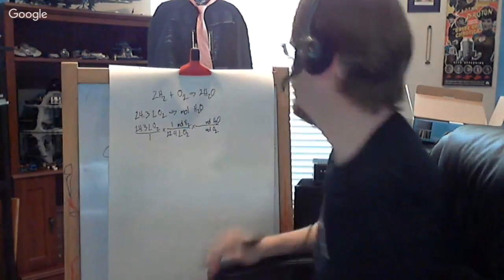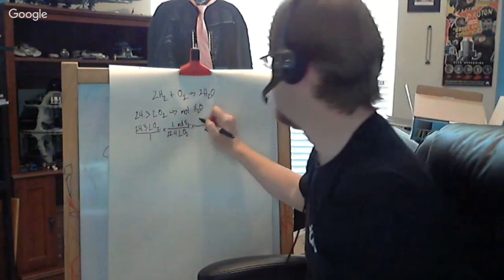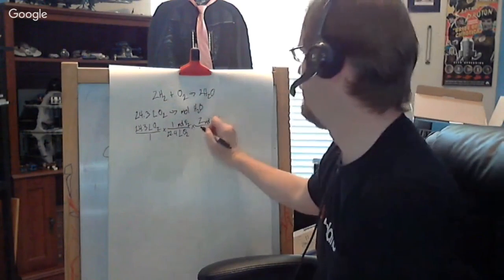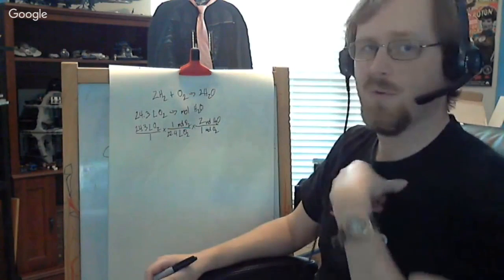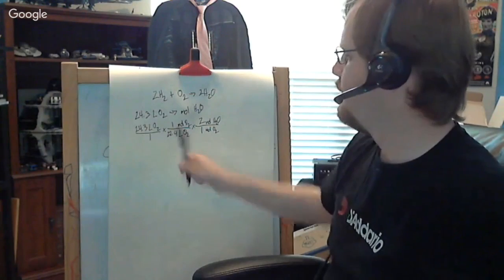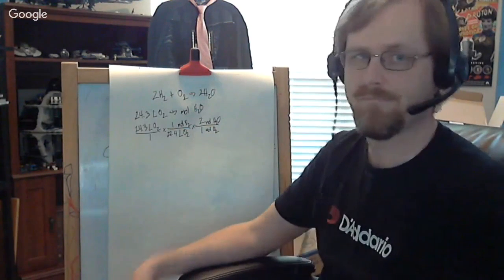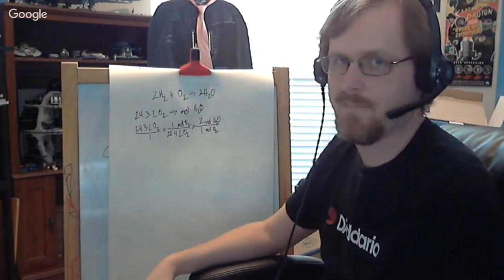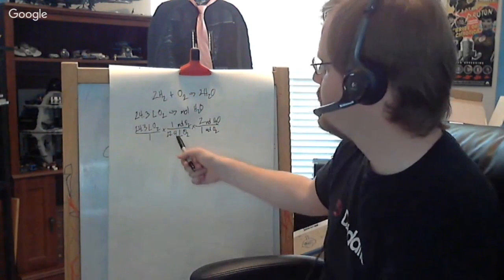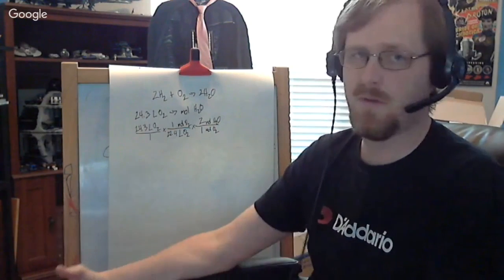I have 2 moles of H2O and 1 mole of O2. So when we calculate, we've got 24.3 divided by 22.4 times 2. That's it. Just remember 22.4 liters per mole. That's your conversion to go between liters and moles.